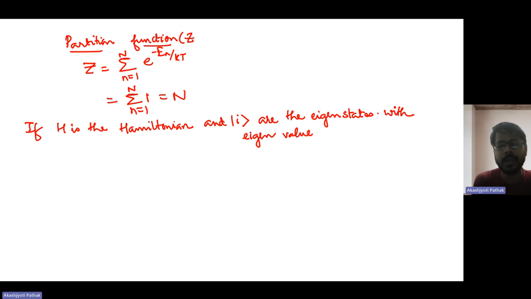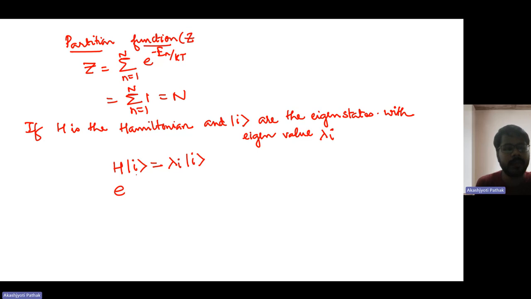Whenever an operator acts on an eigenstate or eigenfunction, we get an eigenvalue multiplied by the same eigenfunction. Okay, eigenvalue lambda i. So here the Hamiltonian is the operator. This operator acts on this wave function, and we get an eigenvalue lambda i and the same wave function.